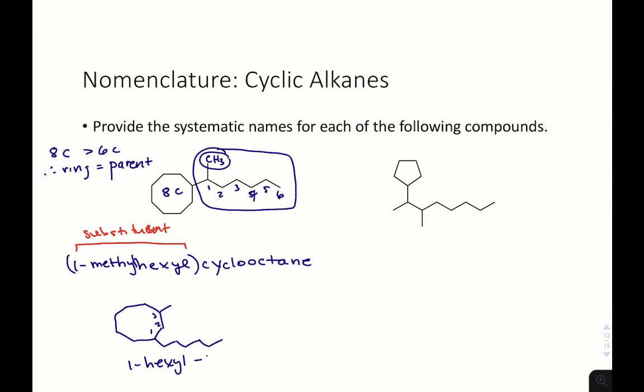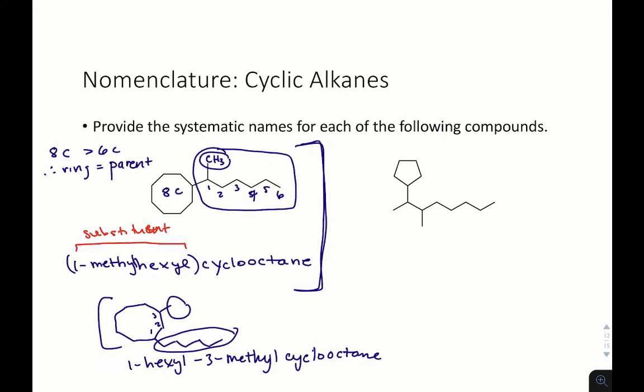So this would be 1-hexyl-3-methylcyclooctane, because both of these are substituents on the cyclooctane. That's in contrast to the case we just looked at, where the methyl is a substituent on the hexyl, so you have to put the whole substituent in parentheses.